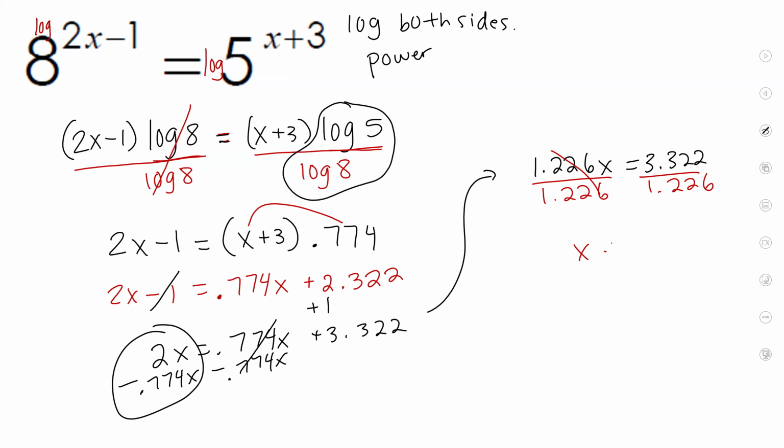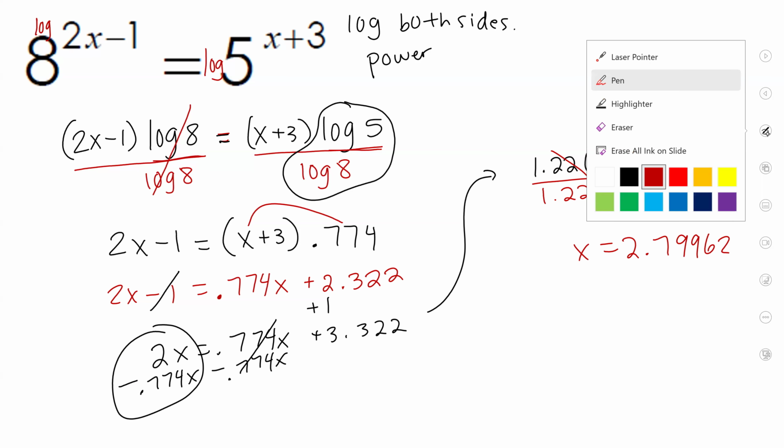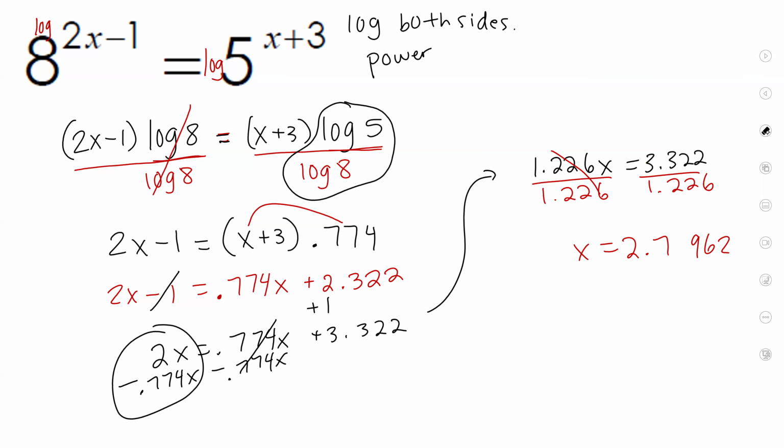And what did y'all get? 0.9962. Oh, okay. 2.70962. Okay, perfect. That's my answer. I'm going to have you guys round this 6.